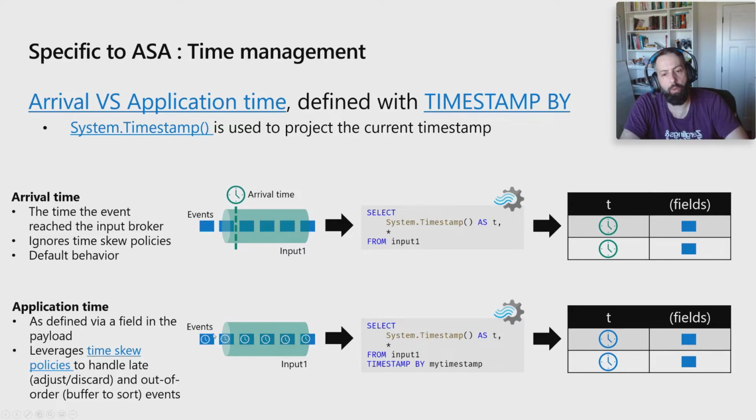And now that we have that, one thing that can happen is you may receive data that's really late. Potentially one of those has a timestamp from 3 years ago, or potentially one that's from the future. So how do you deal with those? Well, we have what we call time skew policies, which add some knobs so that you can say if it's too late in the past, then you drop it or you adjust it to now.